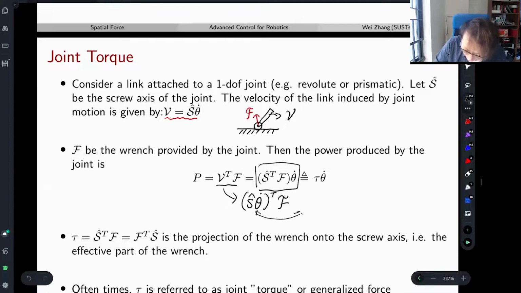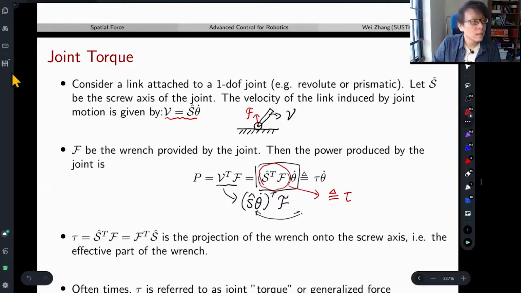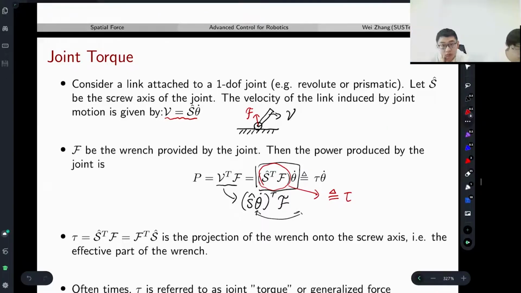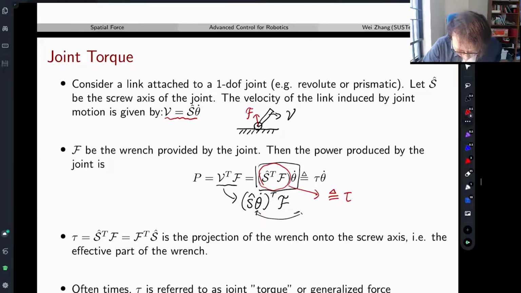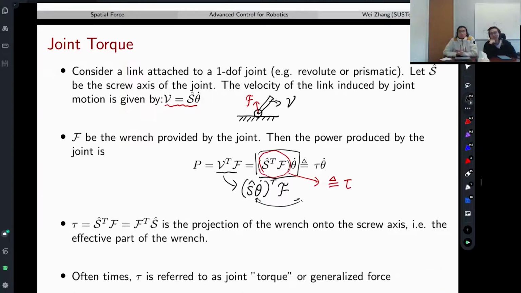So we can define this more rigorously. Let's define this guy as tau. Is this tau here a scalar or a vector? What's its dimension? Here it is a scalar.